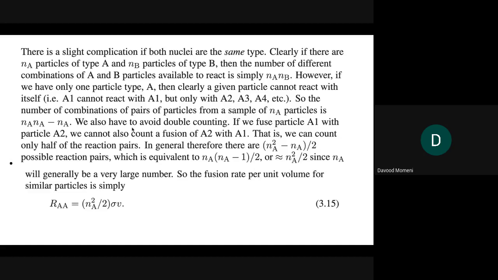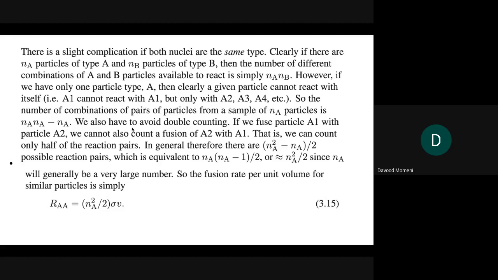But if all the nuclei are the same type, then it is clear that a given particle cannot react with itself. I mean, A1 cannot react with A1, but it can react with the other particles, which are the same but not sitting at the same place as the first nucleus.